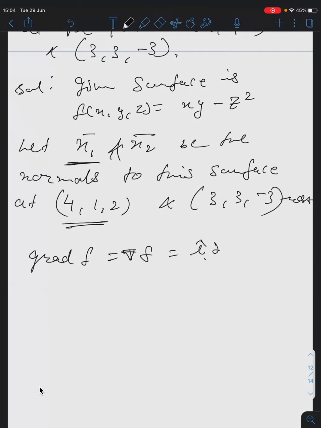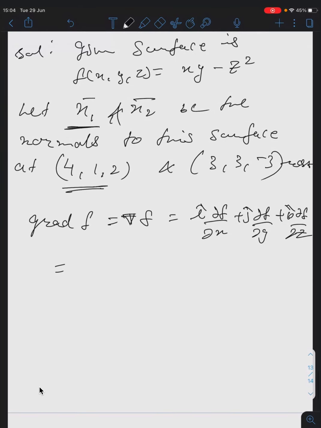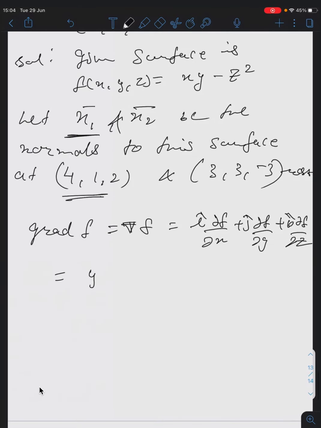Now you calculate first the gradient of f. Del f is i dou f by dou x plus j dou f by dou y plus k dou f by dou z. So what is the gradient of f? With respect to x, it will be y i cap. With respect to y, it will be x j cap, minus 2z k cap.